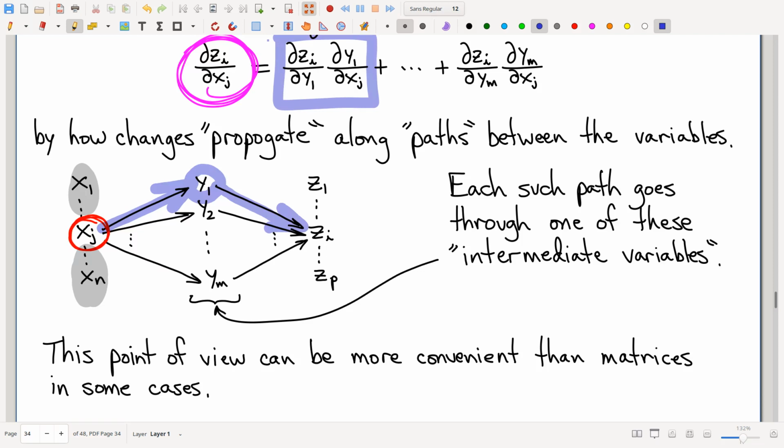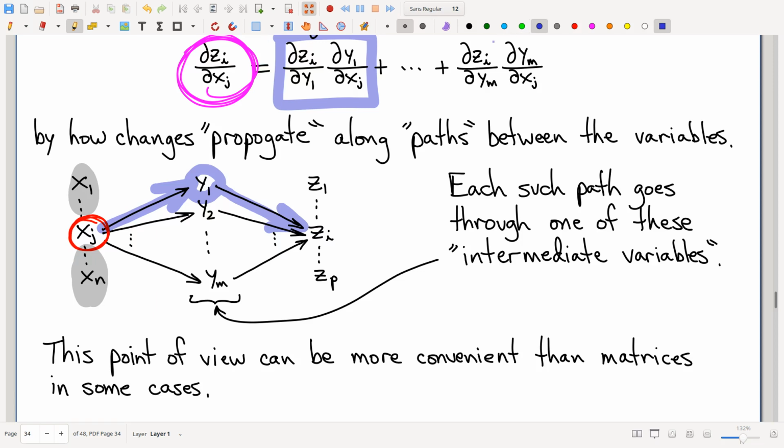So thinking about how changes propagate along paths gives you a nice little motivation for the terms that we know from the chain rule are going to have to contribute to the formula that we're interested in. So as xj changes, I want to know how much zi changes. Well, this is one of the terms right there, what I call the y1 term in this formula. Everybody on board with that?